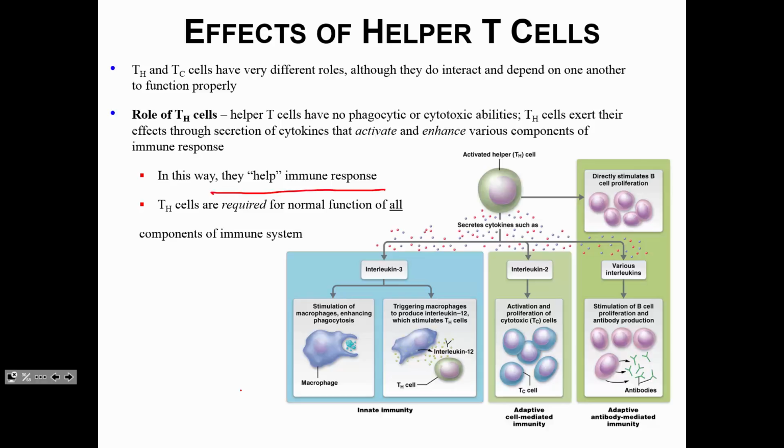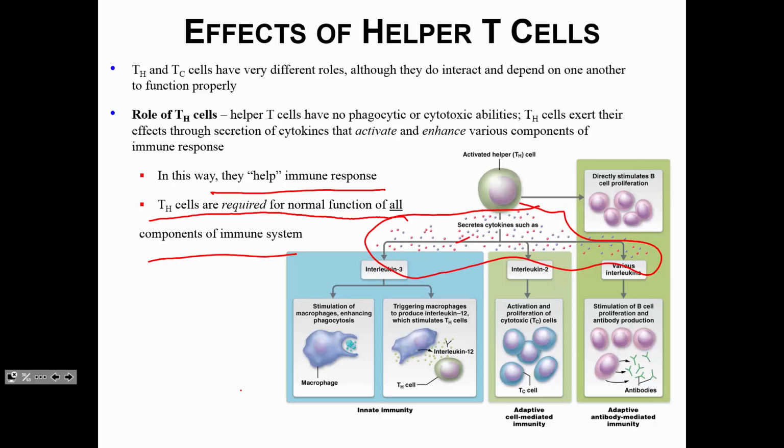Helper T cells are required for normal function of all components of the immune system. So this is what the helper T cell does: it secretes massive amounts of cytokines. See all these little bubbles? These are all chemicals, massive amounts of cytokines like interleukins. Remember the interleukins? They're going to stimulate macrophages to enhance phagocytosis.